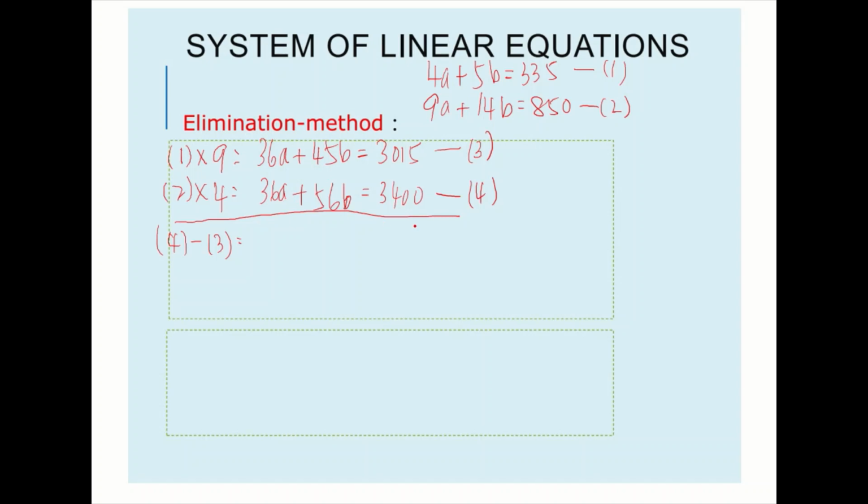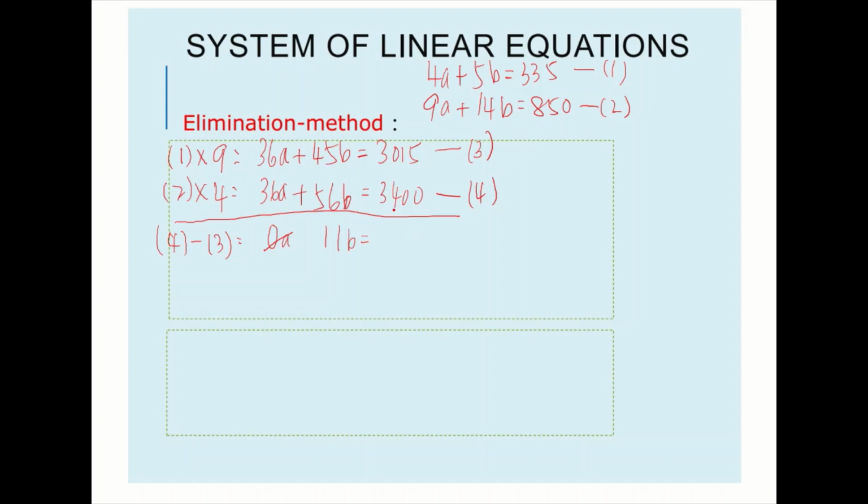Now 4 minus 3: 36a minus 36a, we get 0a. This is how we eliminate the a. We are not going to write 0a. Now, 56b minus 45b, then I will get 11b.